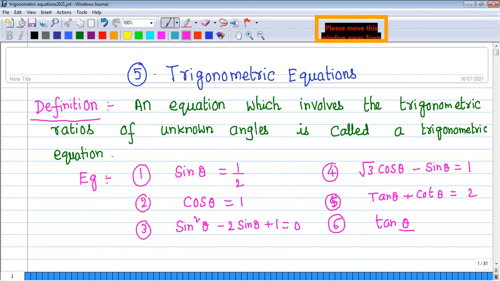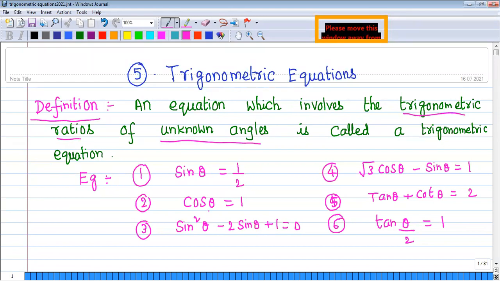Tan theta by 2 minus cot theta by 2. Okay, tan theta by 2 is equal to something. One write down, no problem. Not only theta, it may be in terms of theta by 2 also, you can write it. This is also trigonometric equation. Understood now? These are called, that means an equation which involves trigonometric ratios of unknown angles, is called a trigonometric equation.